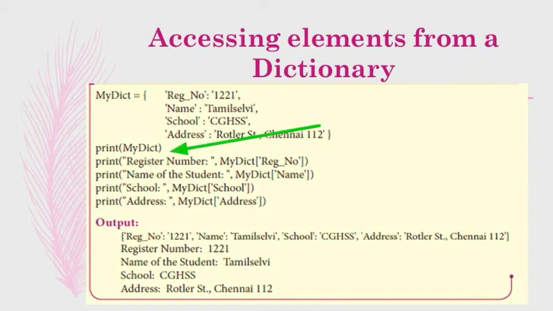If you want to access all the elements in my_dictionary, you have to write: print my_dictionary. All the elements will be printed on the output screen with the keys. If you want to print a particular element, which means register number, just give: print my_dictionary register number. The register number is 1221. It will be printed on the output screen.